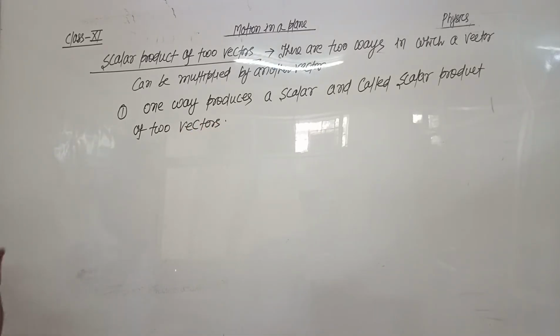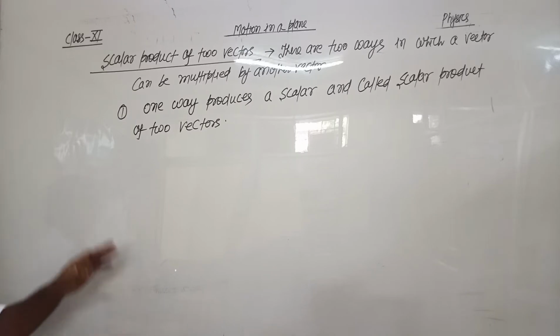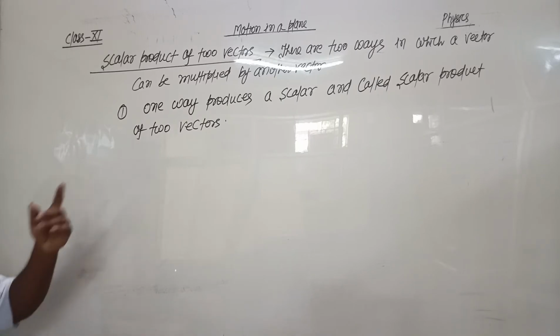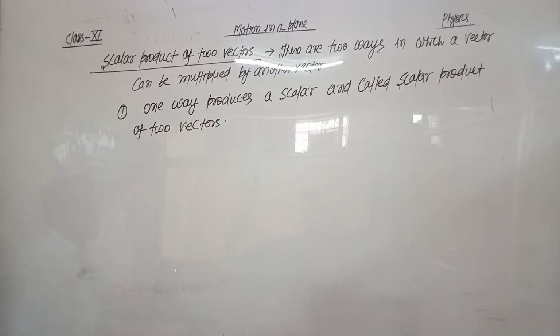There are two ways in which a vector can be multiplied by another vector. In one way, multiplication produces a scalar. When two vectors are multiplied, then in one way the product comes to be a scalar, and this is called a scalar product of two vectors.